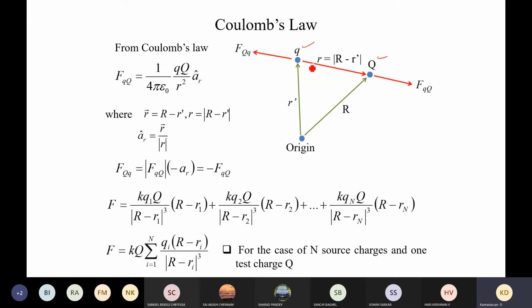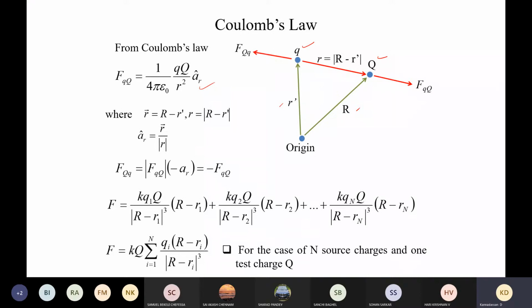To calculate this R vector, we subtract the vector defined with respect to the origin. So R minus R dash gives us the R vector, and that is what is utilized to define the force due to the source charge upon the test charge.